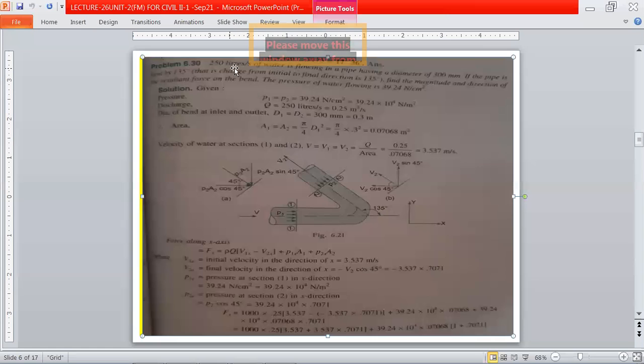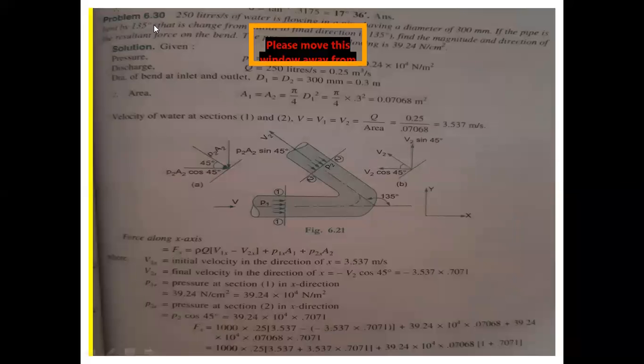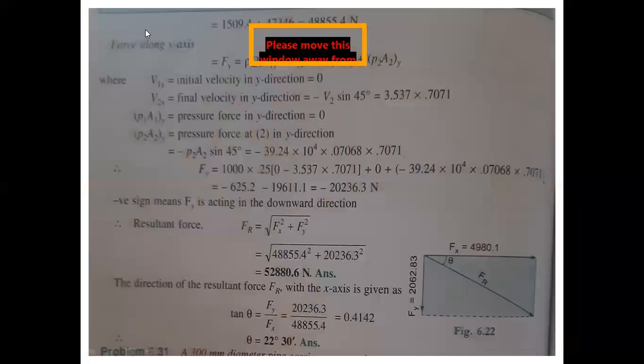The pipe has a bend, and it is at 135 degrees that we have the pipe bend.